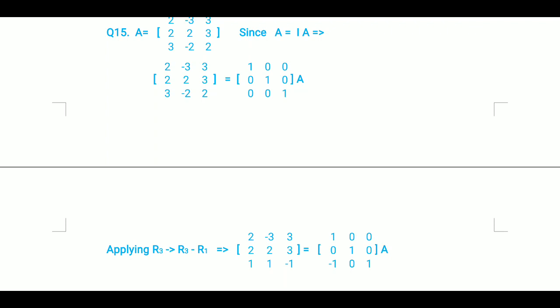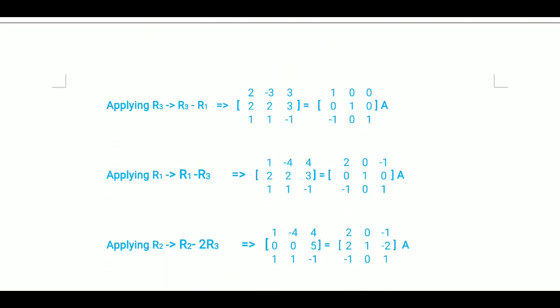So 2 minus 3 3, 2 2 3, and R3 is changed: 3 minus 2 is 1, minus 2 minus minus 3 is 1, 2 minus 3 is minus 1, and a similar change on the right hand side I, that is 1 0 0, 0 1 0, 0 minus 1, minus 1, 0 minus 0, 0, and 1 minus 0, 1.